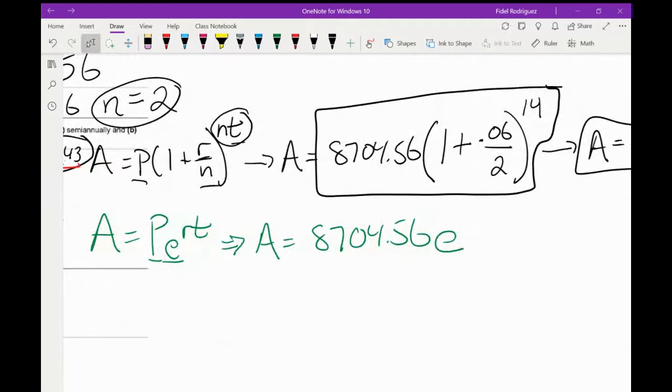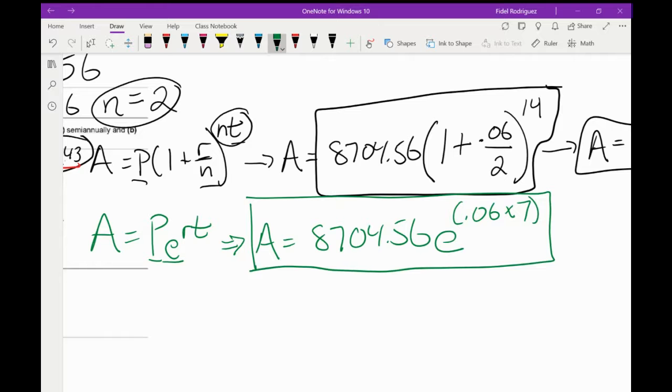And then our R and our T. Remember, my rate was 0.06 times my T, which is a 7. Okay. And guys, just like we did before, I'm going to type this part in directly into my calculator. Okay. So let me stop sharing that part and let me pull up the calculator so we can see what we're going to do.